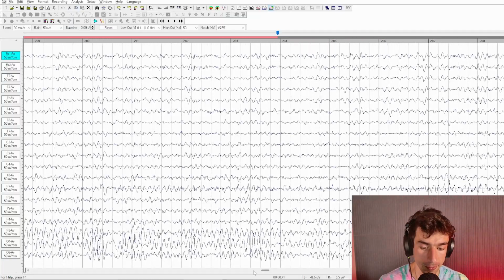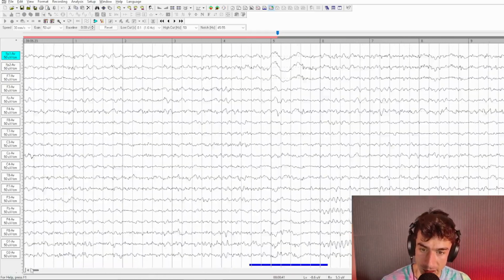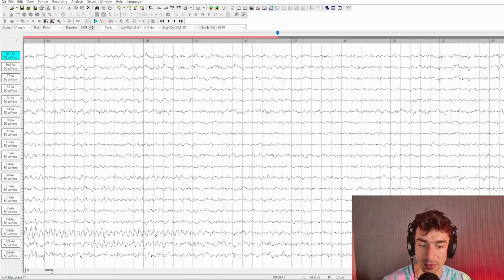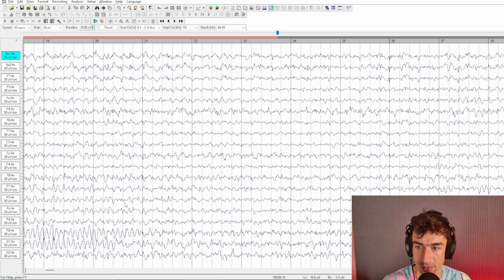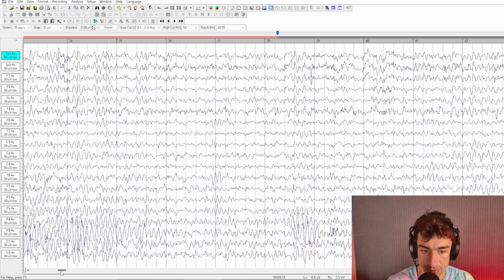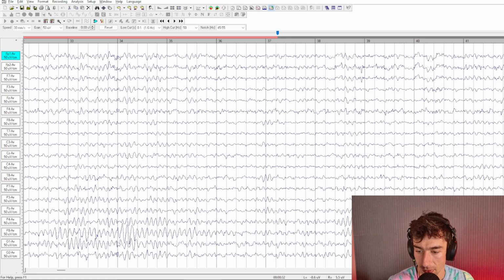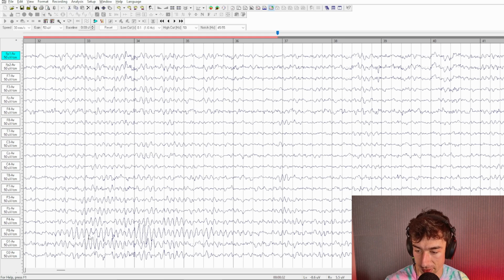So let's see what's actually going on here. Again, lower voltage and plenty fast, this brain, when we count the alpha activity 1, 2, 3, 4, 5, 6, 7, 8, 9, 10, 11, 12, 13. Holy moly.